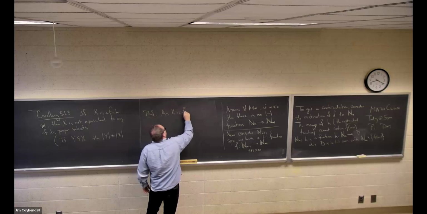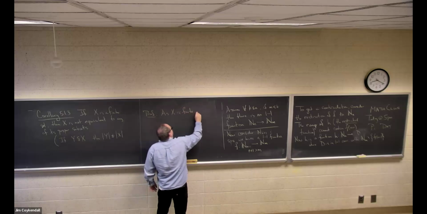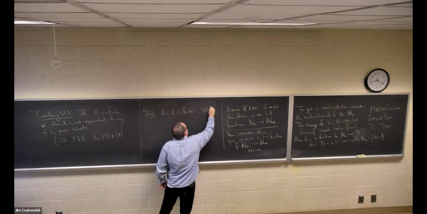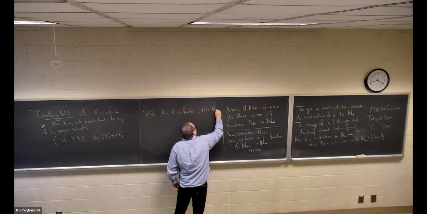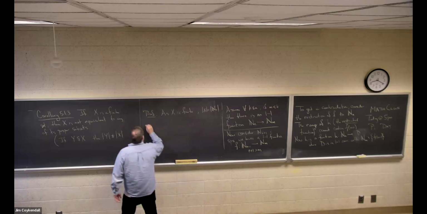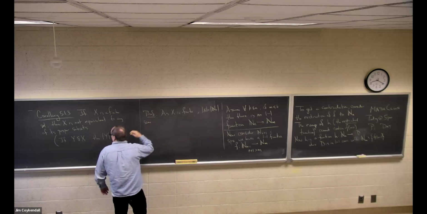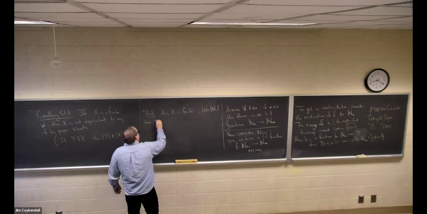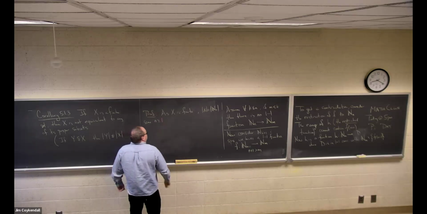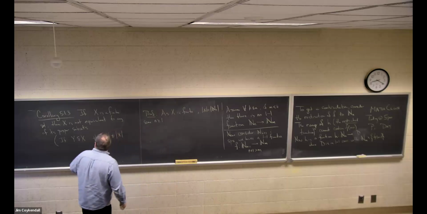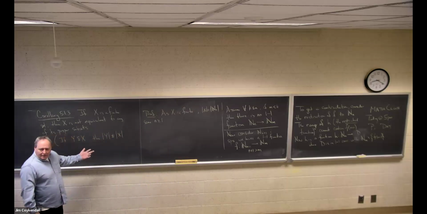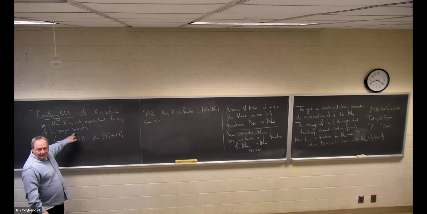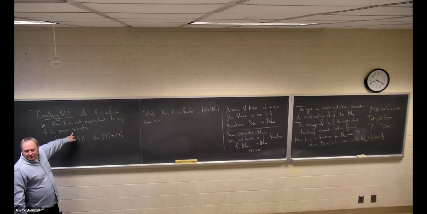X is finite. Cardinality of X is cardinality of N sub n. By the way, let me point out, if X is the empty set, then the empty set has no proper subsets in the first place.